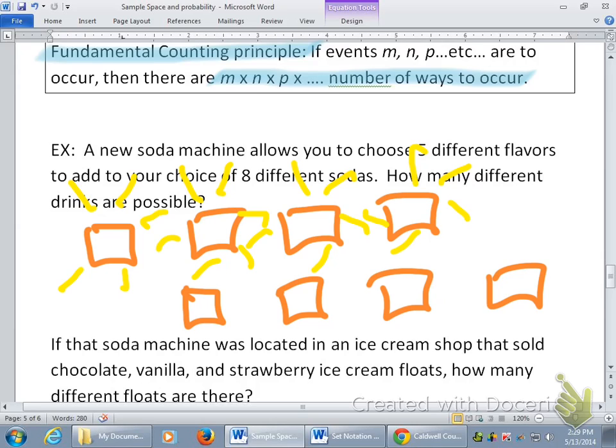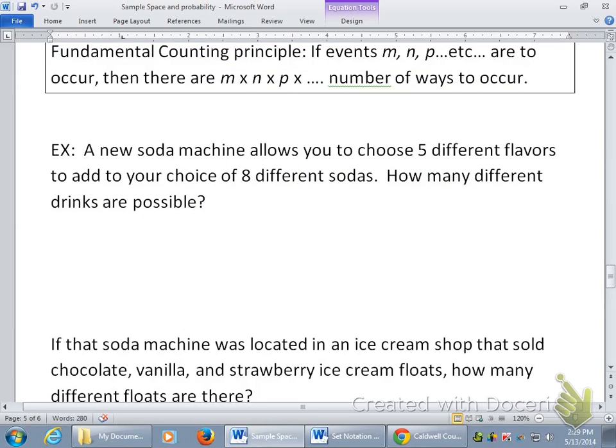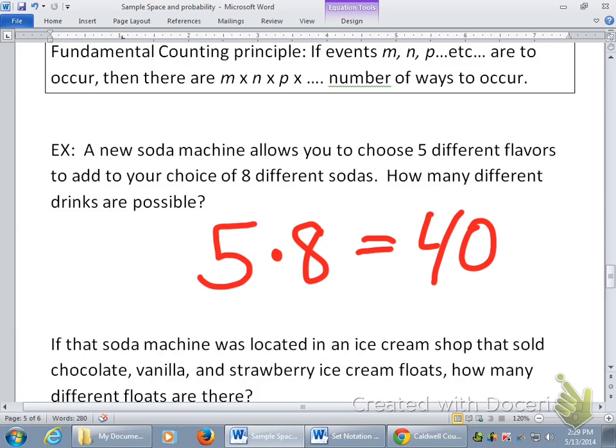It's going to be 40, and visually you can see it's going to be 40. But nobody wants to draw all this out every time, right? So instead, we just use the fundamental principle, which tells us 5 different flavor choices for 8 different drinks has got to be 40 total choices. And I don't have to write down and show every single example.